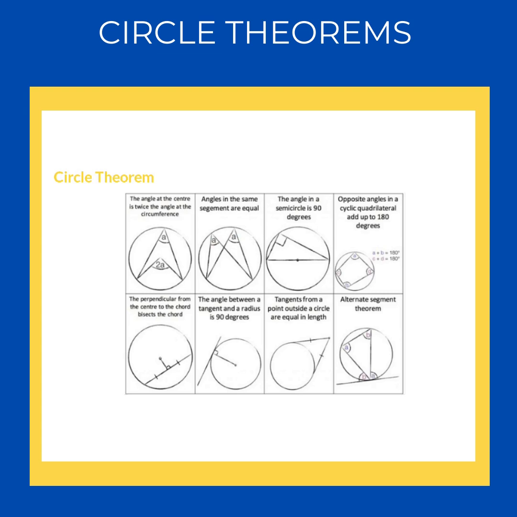The third rule is the angle in a semicircle is 90 degrees. So if I draw a line that passes through the center, and this line goes from one end to the other end of the circle, this line is called a diameter because it goes from one end to another end and it passes through the center.